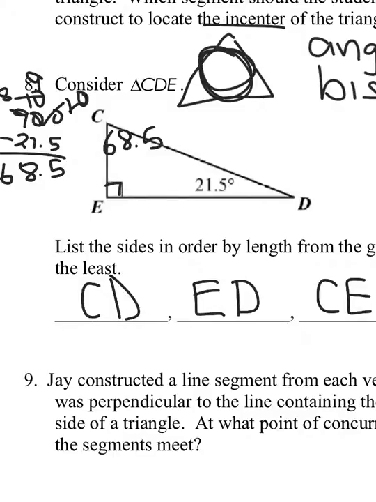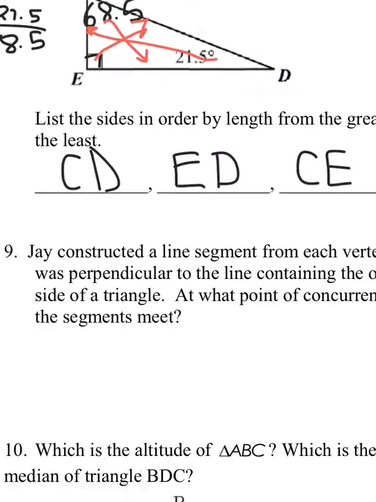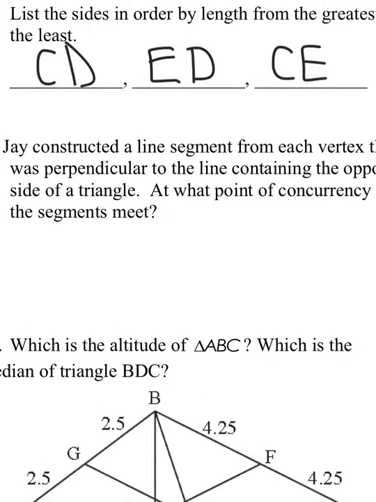So 90 is your biggest angle. It's across from the CD. That's the first one. Next is the 68.5. That goes there. And D, being the smallest, is across from that. We've normally put them in order from smallest to greatest, but it doesn't matter. Greatest to least, you just flip the idea.